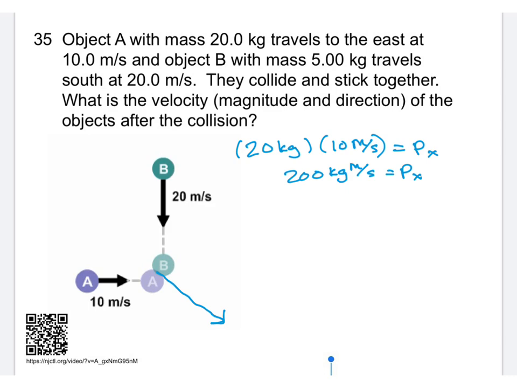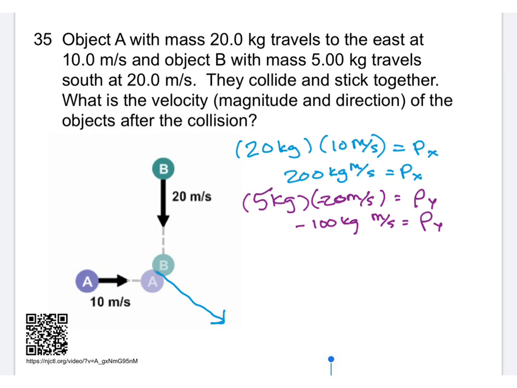Secondly, we have the second object traveling with a mass of 5 kilograms, and he's traveling south at 20 meters per second. So that's a negative 20. This is our momentum in y initially. So that's going to be what? Negative 100 kilogram meters per second. Remember, momentum is a vector quantity. It has direction.